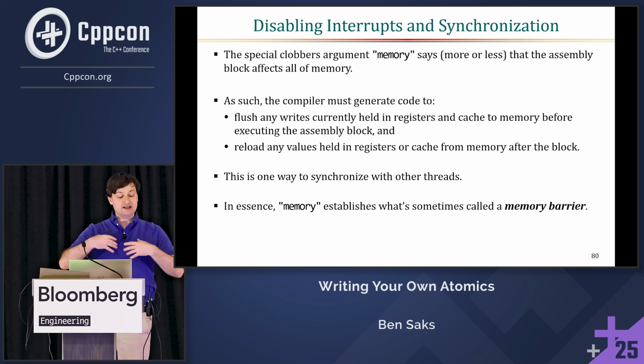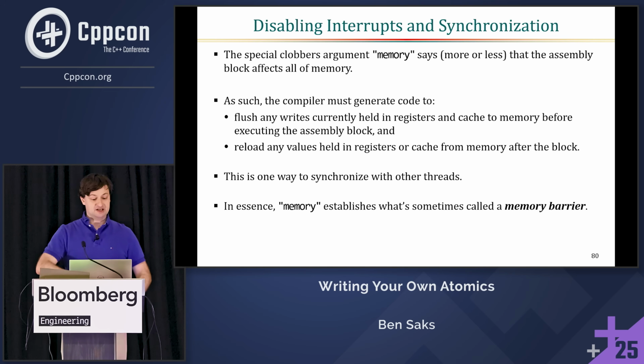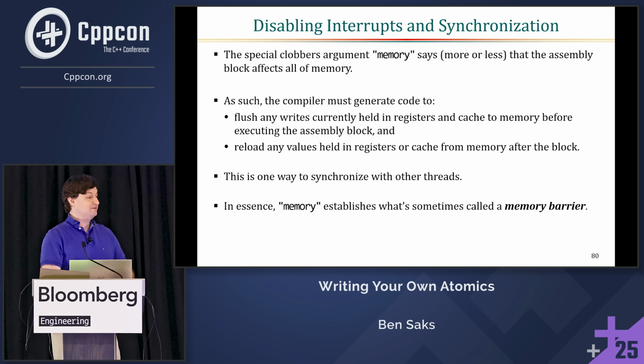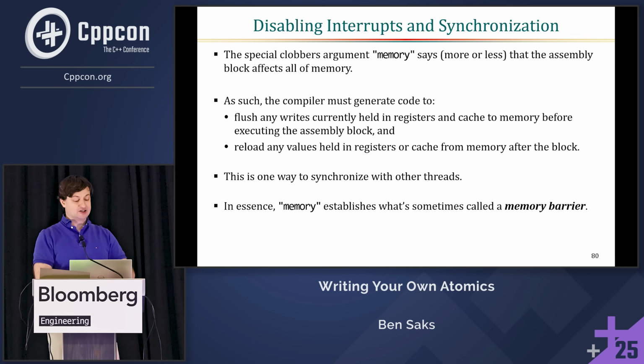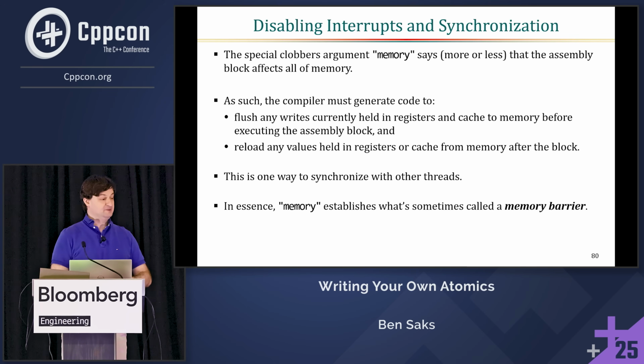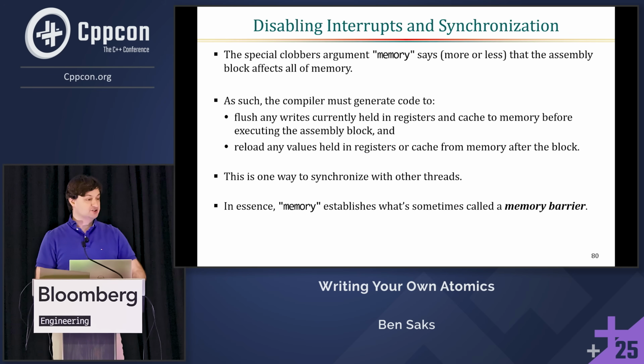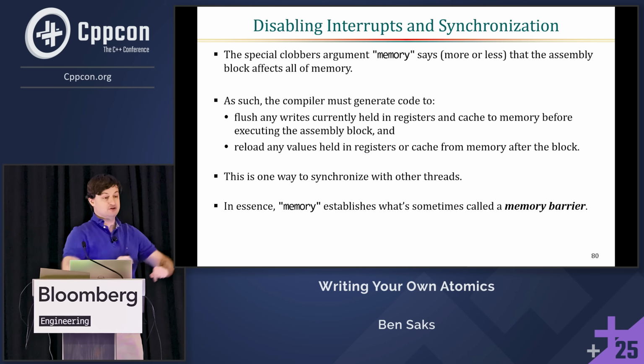So when the compiler generates the code for the assembly block and the code around it, it has to flush any writes that have been stored in registers and cache up to this point, that is, before it enters the assembly block. It's got to take any intermediate results currently stored in registers or cache and flush those out to memory.